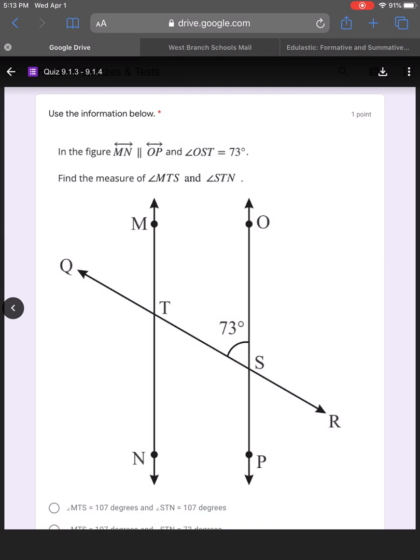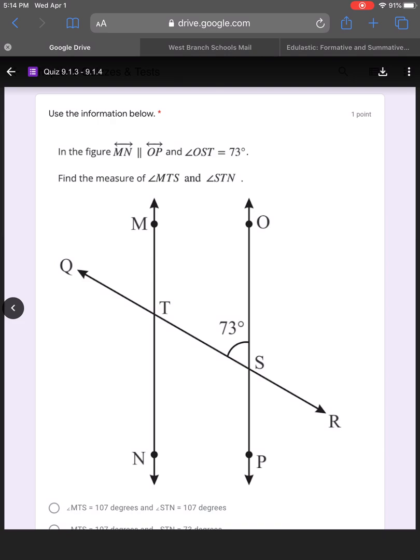So for this one, you're going to want to think about the angle pairs and relationships, and what they equal. Also remember, when it tells you to find the measure of angle MTS, that letter that's in the middle, T, we are looking for the measurement of that angle.